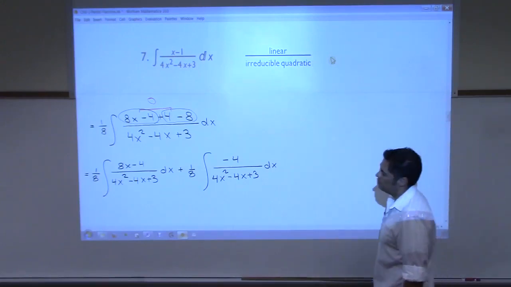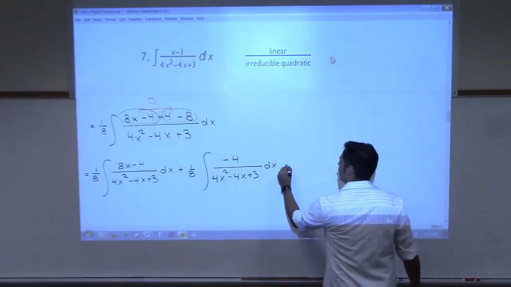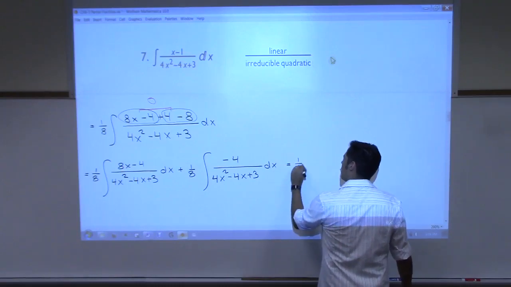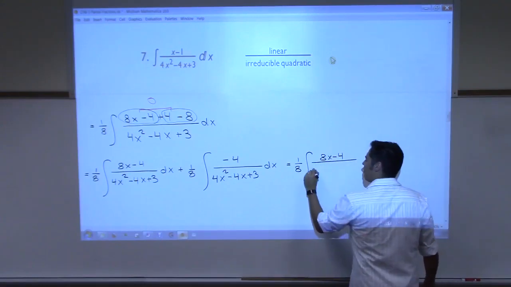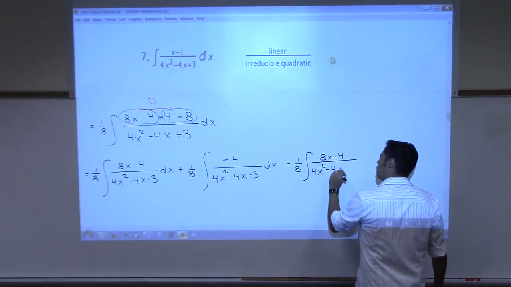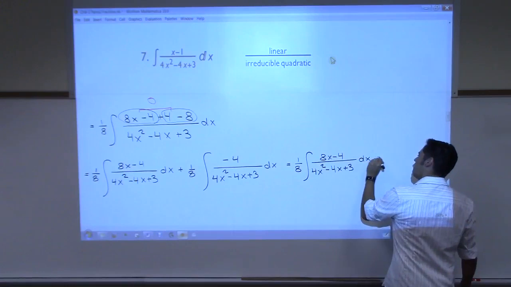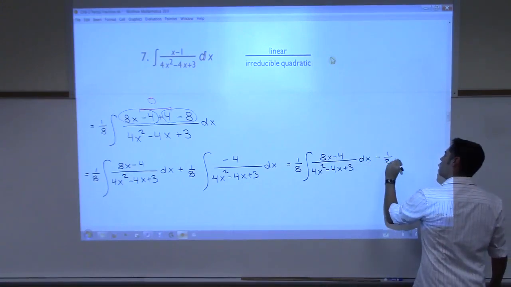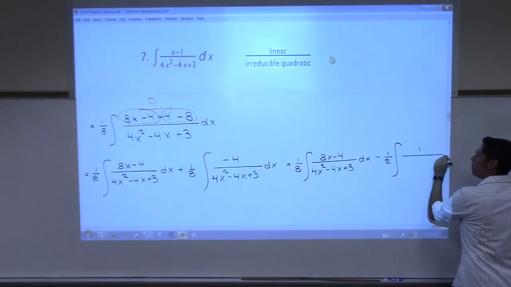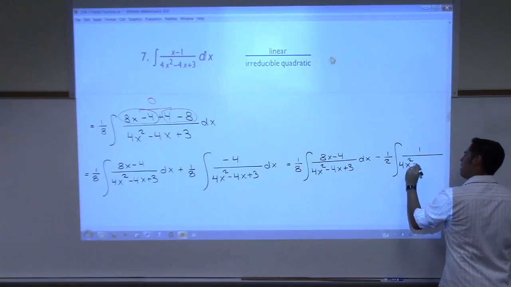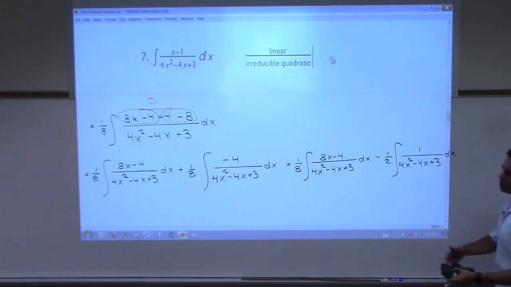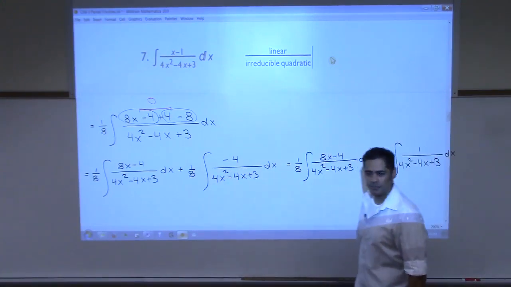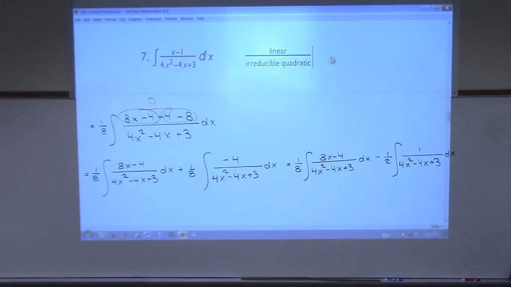And so that's du. So 1/8 integral of 8x minus 4 over 4x squared minus 4x plus 3 dx, minus 1/2 integral of 1 over 4x squared minus 4x plus 3 dx. All I did here was pull this negative 4 out. All right, we made it happen.